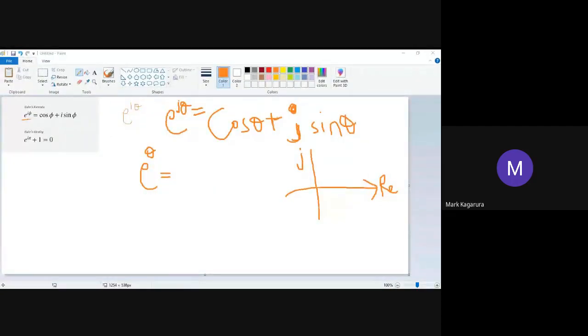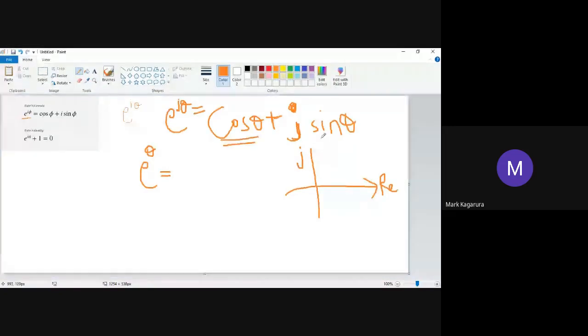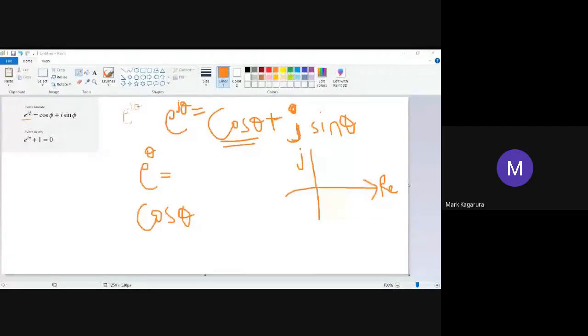Let's just see here. So anyway, you can express these cosines and sines in terms of the Euler identity. So cos θ is going to be given by, there's a small error.